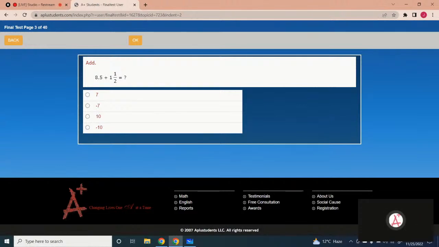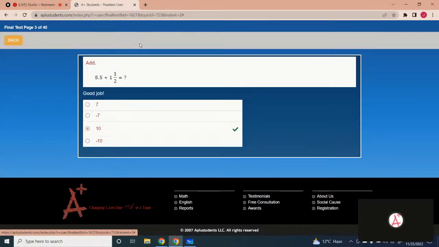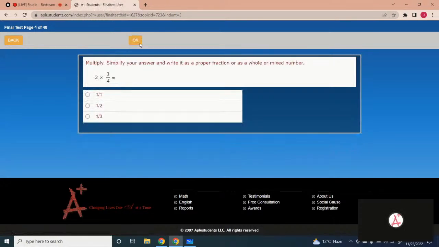And 9.5 plus half would then be 10. Just select the correct option and click on the OK button. So 2 times 1 by 4 is, which is the correct option?